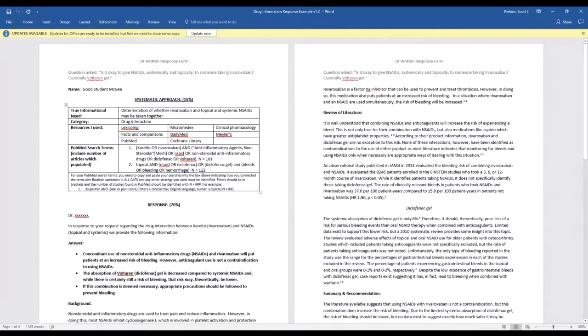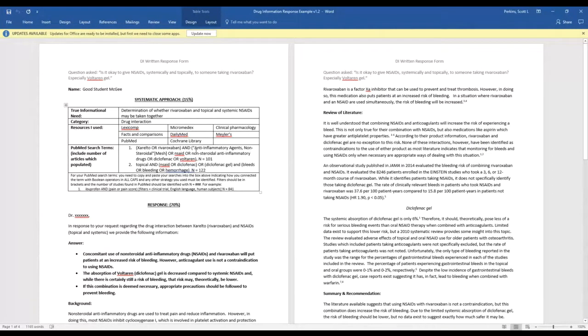I've done some searches. I will tell you that the second search, probably an even better way to do it would be to put a left parenthesis on the left side of topical and a right parenthesis over here where it says diclofenac, just to clarify things for you guys a little bit more.